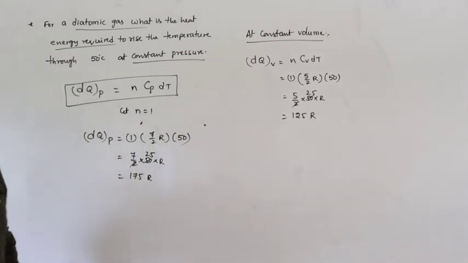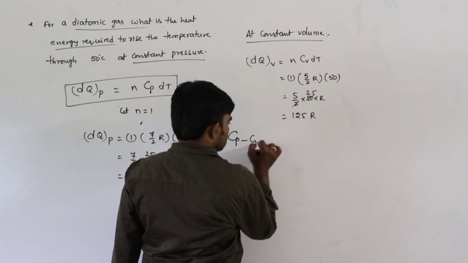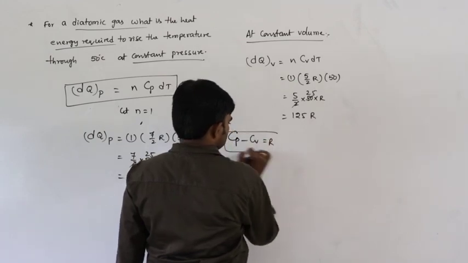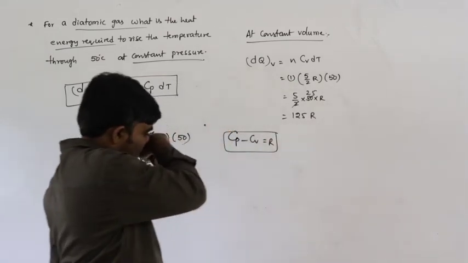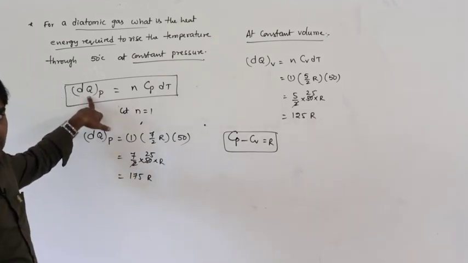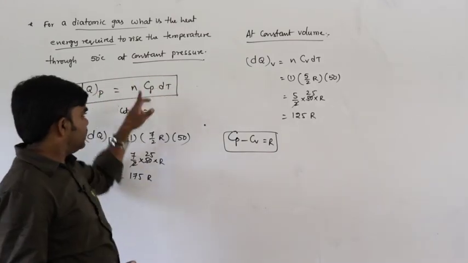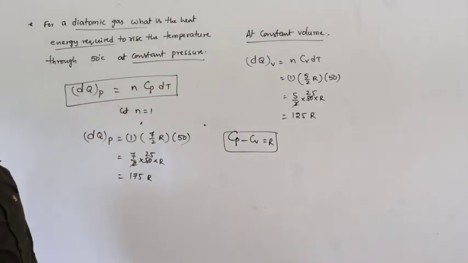So this is the way to do problems based on Cp-Cv relations. We know Cp minus Cv is equal to R. Based on this relation, and how the heat energy is calculated at constant pressure and at constant volume, we can substitute directly in this formula.